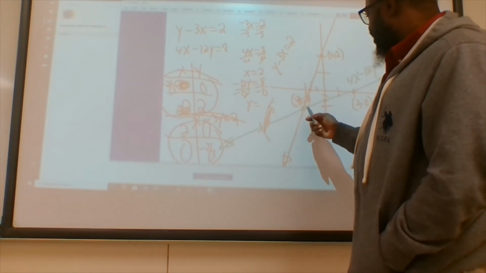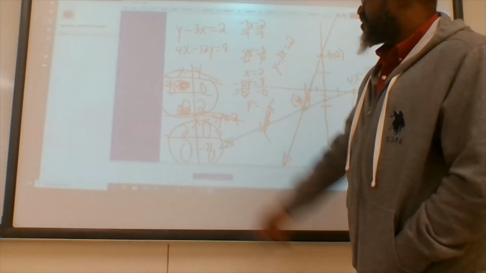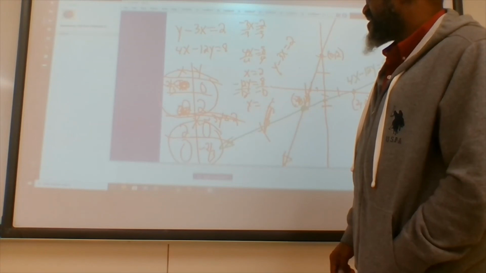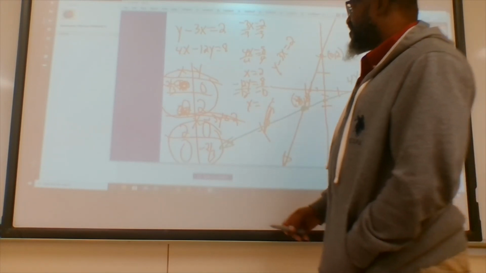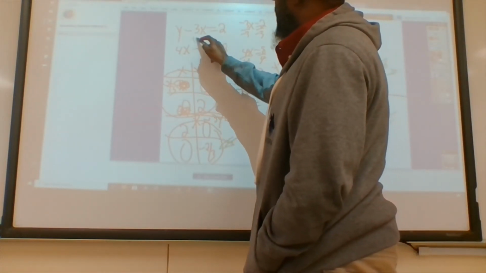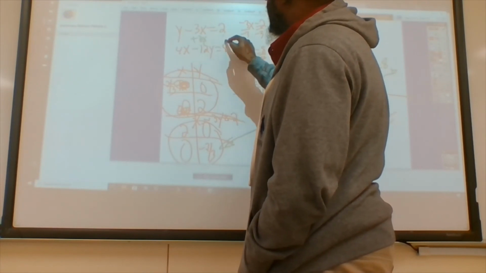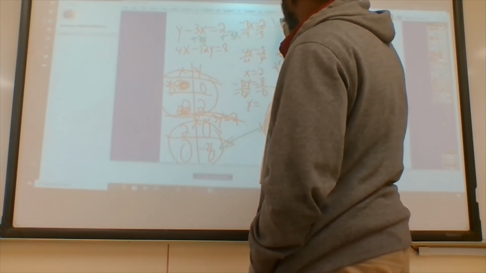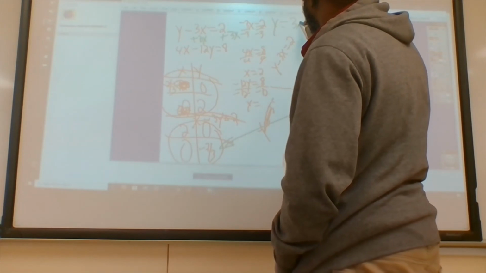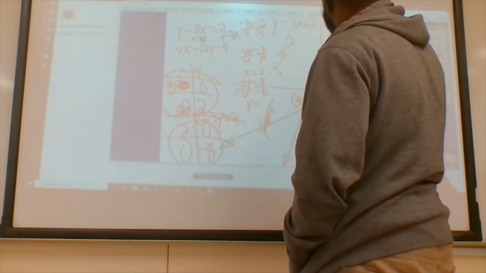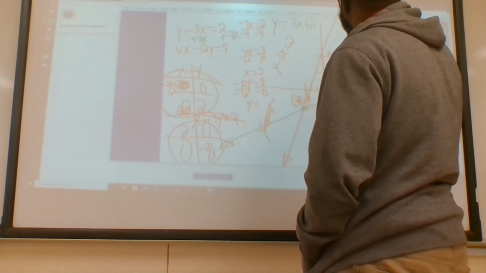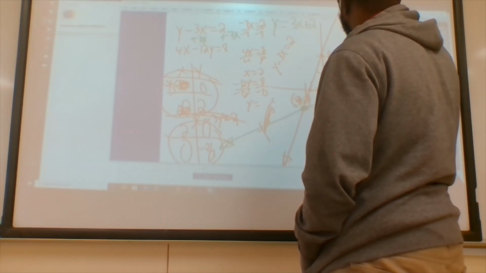In this case, if you put it in slope-intercept form, you will see that the slopes are different. They will have different y-intercepts. See? You will have y is equal to 3x plus 2 in this case. M1 is 3, B1 is 2.